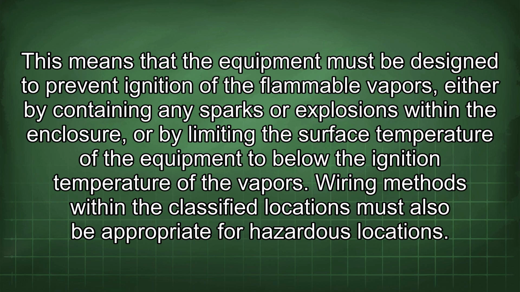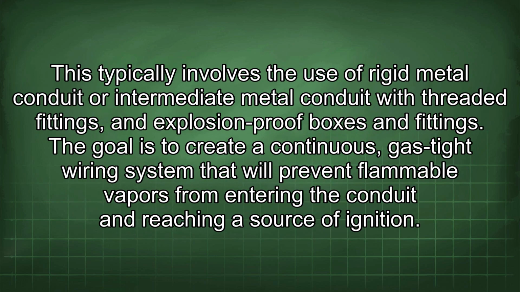Wiring methods within the classified locations must also be appropriate for hazardous locations. This typically involves the use of rigid metal conduit or intermediate metal conduit with threaded fittings and explosion-proof boxes and fittings. The goal is to create a continuous, gas-tight wiring system that will prevent flammable vapors from entering the conduit and reaching a source of ignition.